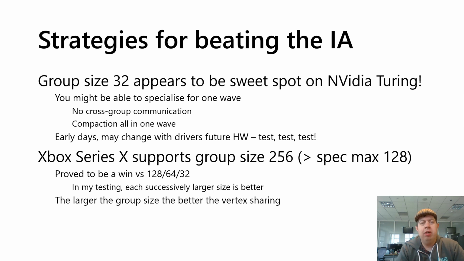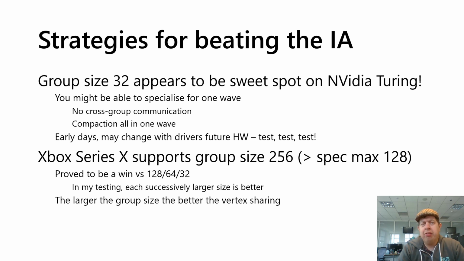This happens to be the size of a single wave, and this is in fact exploitable. It's much cheaper to do things like compaction if you only have one wave involved. You're not working across groups. Of course, this is PC. There will be driver updates, new pieces of hardware. I recommend that you test that this group size is a win for you.